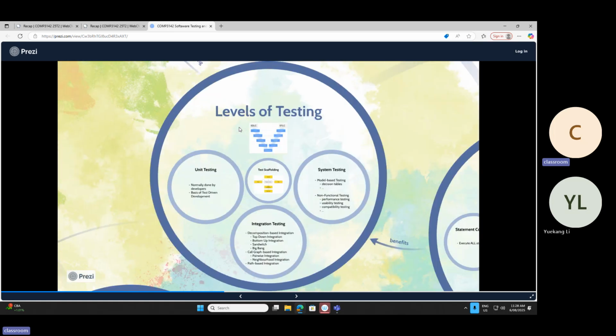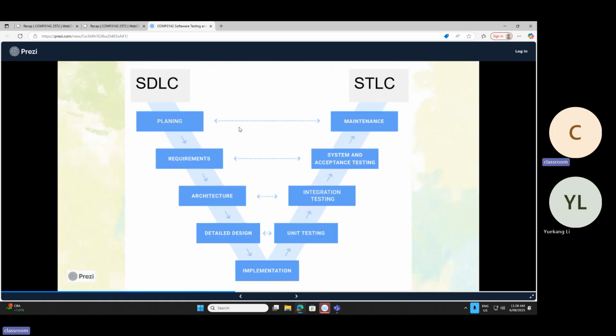And for different levels of testing, it's more related to an old friend, the concept of software development life cycle, which is a very, very classic concept in software engineering.